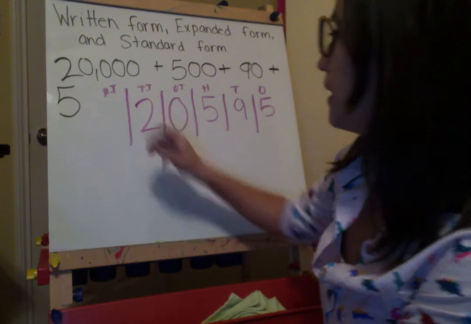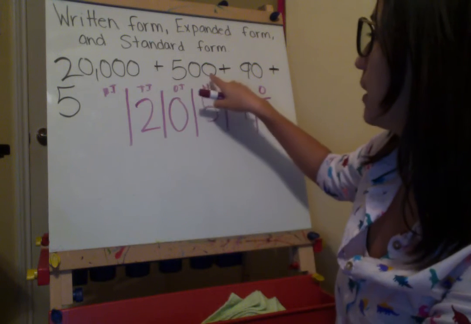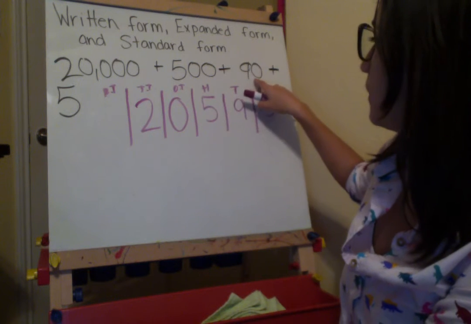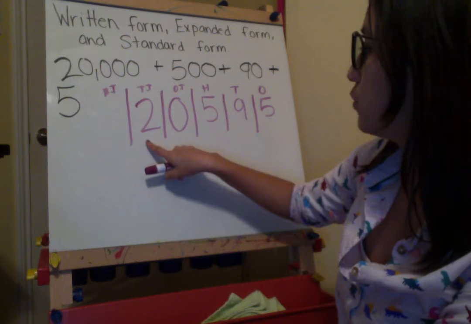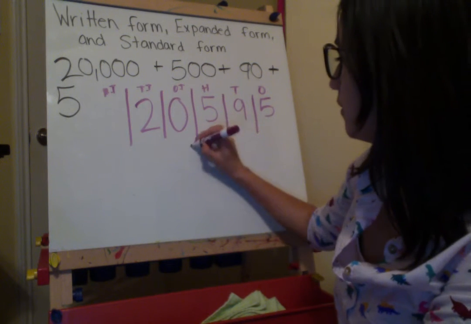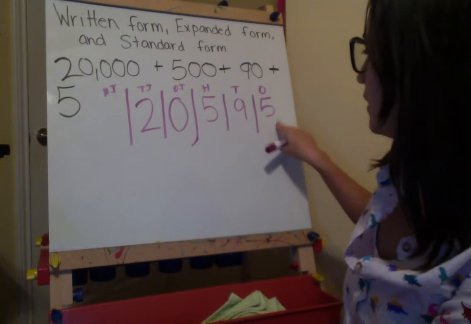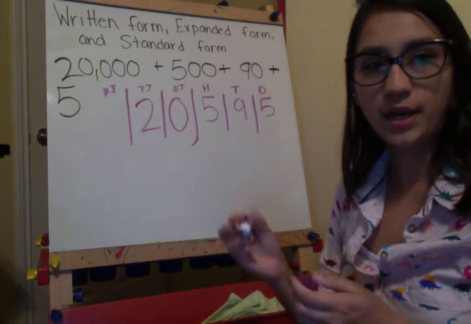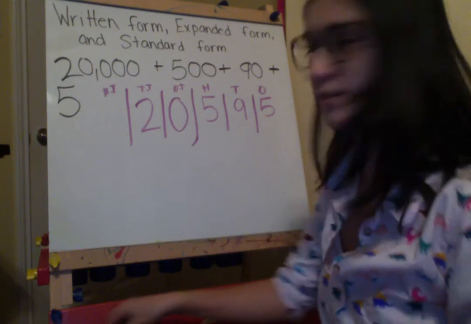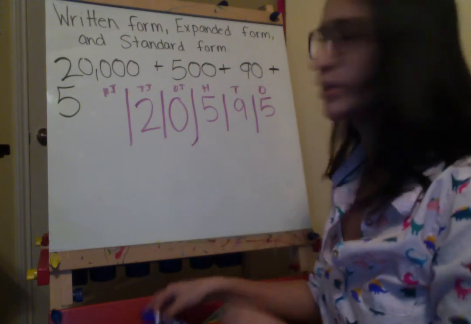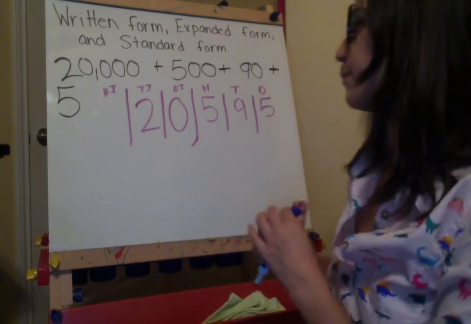So again, that was 20,000 plus 500 plus 90 plus 5. So we have 20,595. Right? Perfect. The transition is pretty easy. It looks familiar. And the last thing we're going to do is write this in written form.